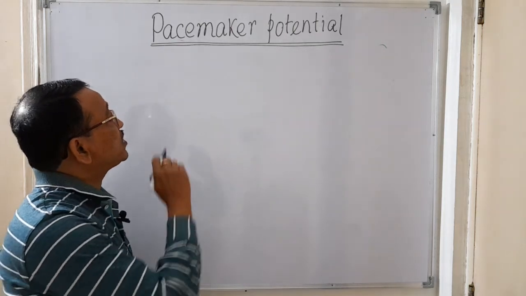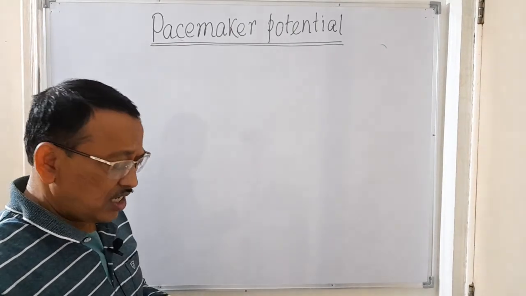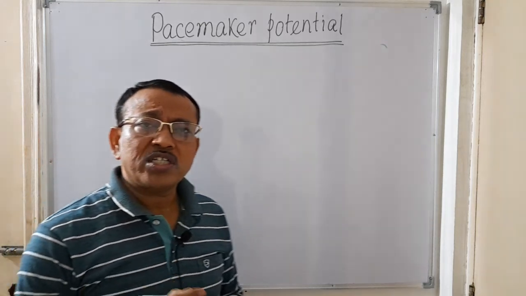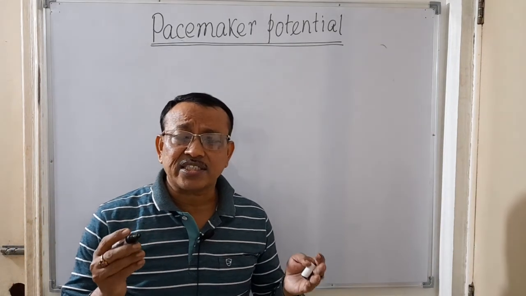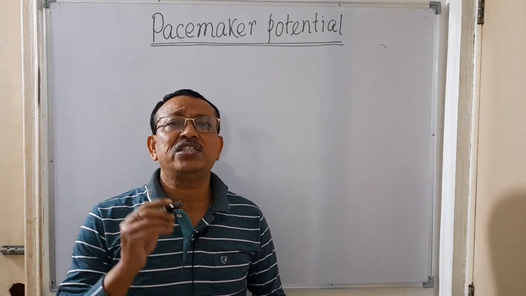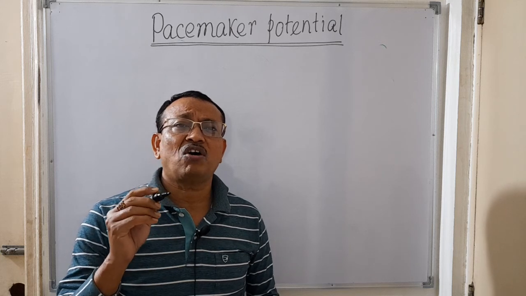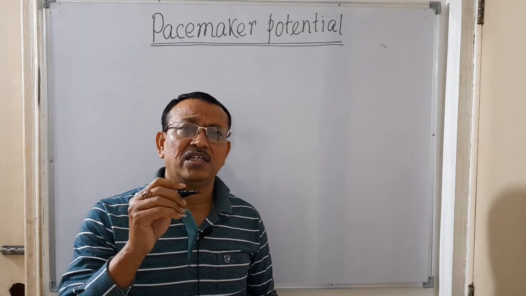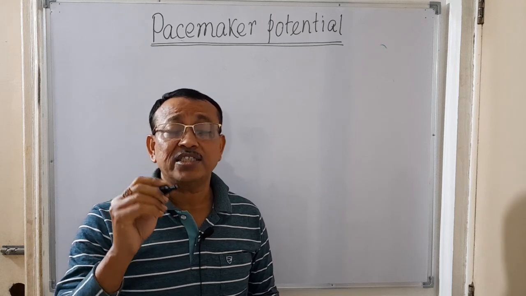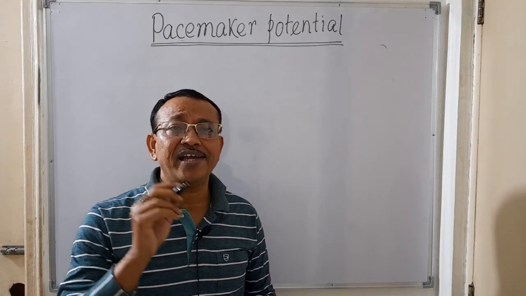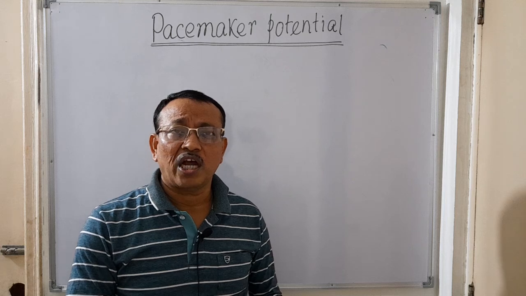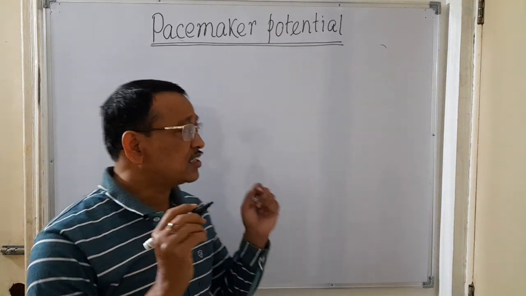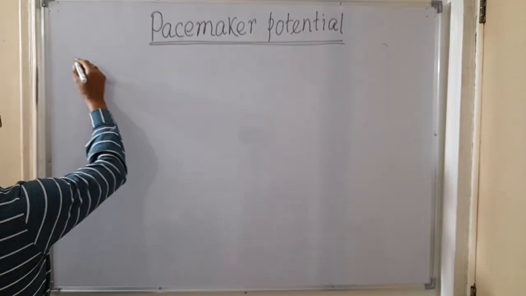So what is this pacemaker potential? These characteristic features of the SA node are due to the presence of a very special type of cells present in these special junctional tissues like the SA node. These cells are known as the pacemaker cells.